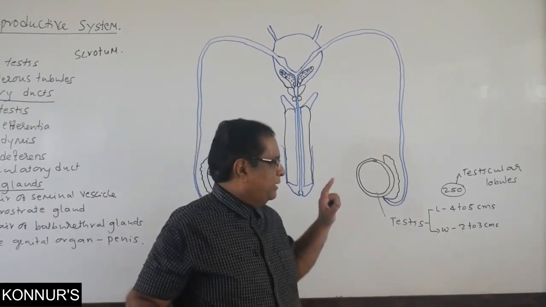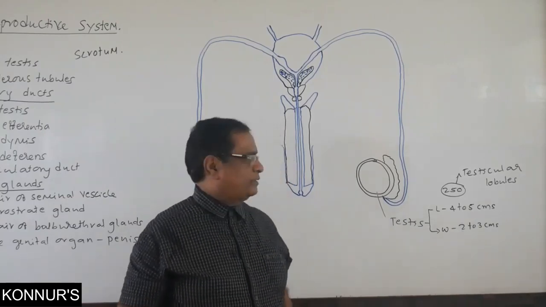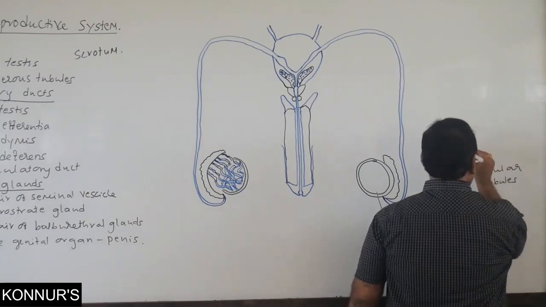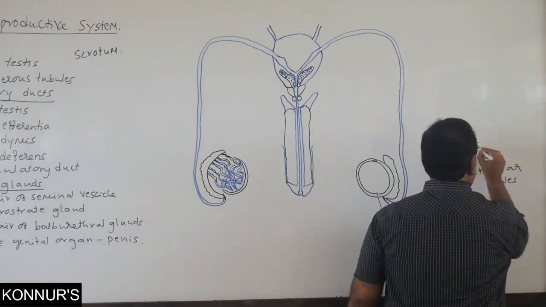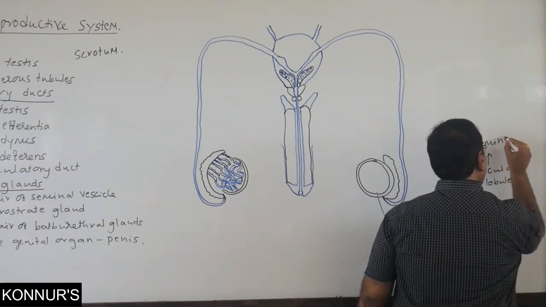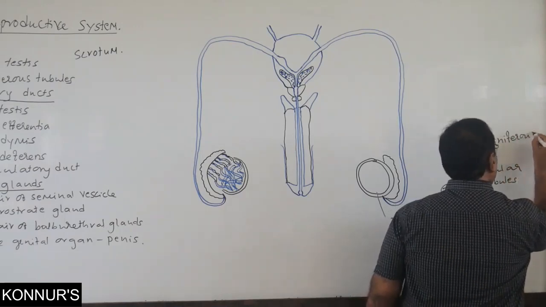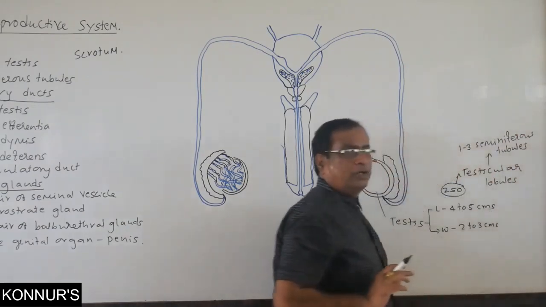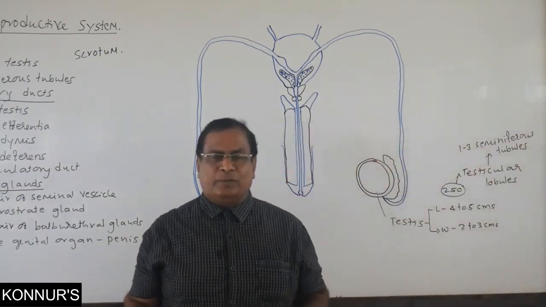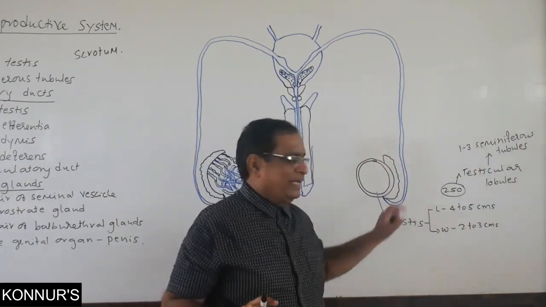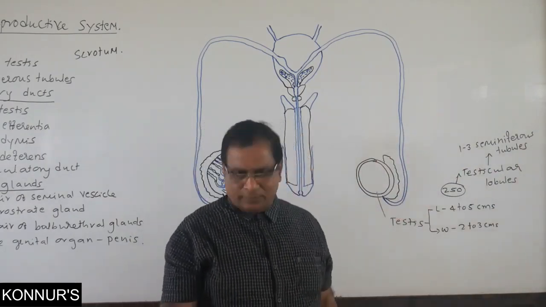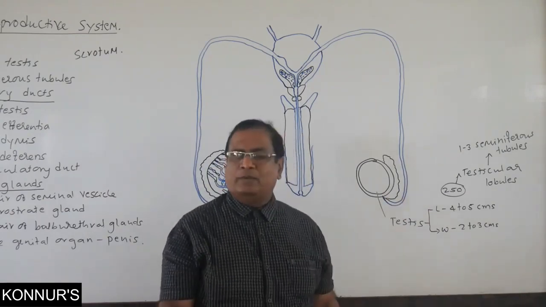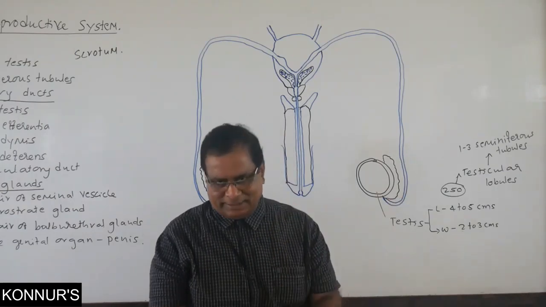In each testicular lobule, there are 1 to 3 seminiferous tubules, and there are 250 testicular lobules in each testis.